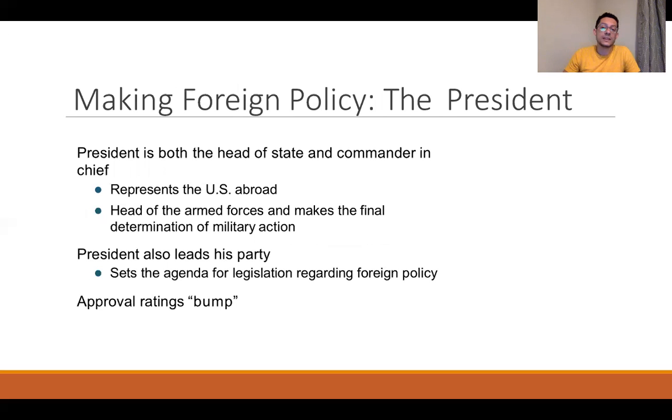He represents the US abroad, and he's also the head of the armed forces and ultimately makes the final determination as to whether or not the United States will engage in military action. Now, he also leads his party, and consequently, he can set the agenda with regard to his party in Congress regarding foreign policy and how Congress will react to decisions of foreign policy.